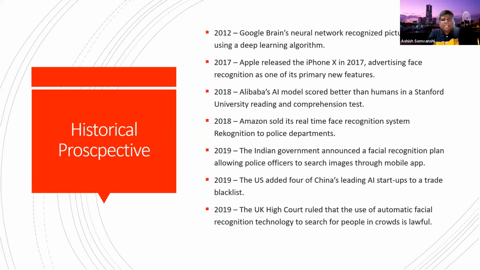And the recent history as well has been put out here. In 2017, the iPhone X had on-device face recognition. Then Alibaba in 2018 scored higher than Stanford University in a reading and comprehension test, basically from images, I guess.